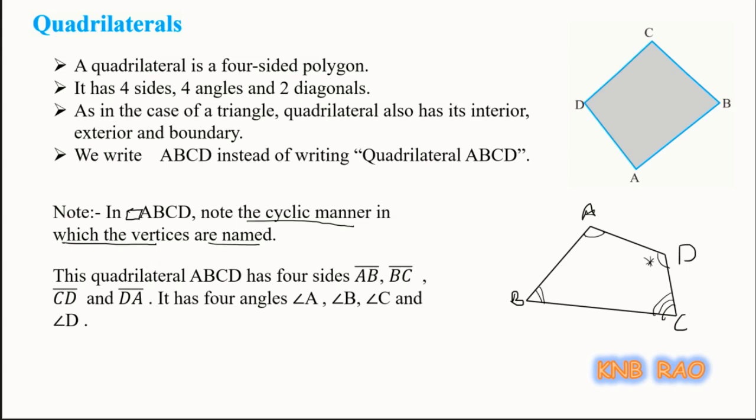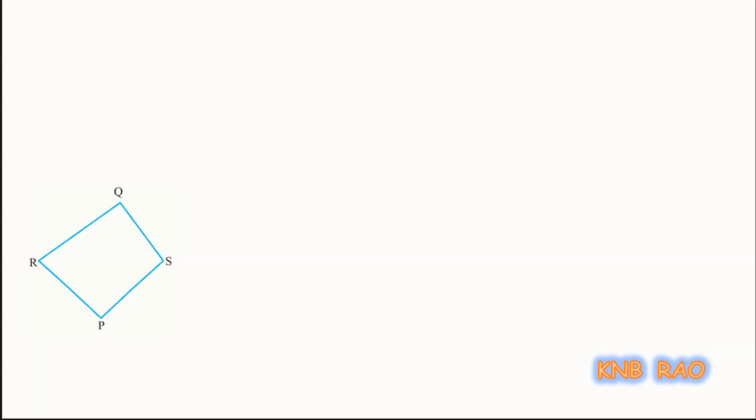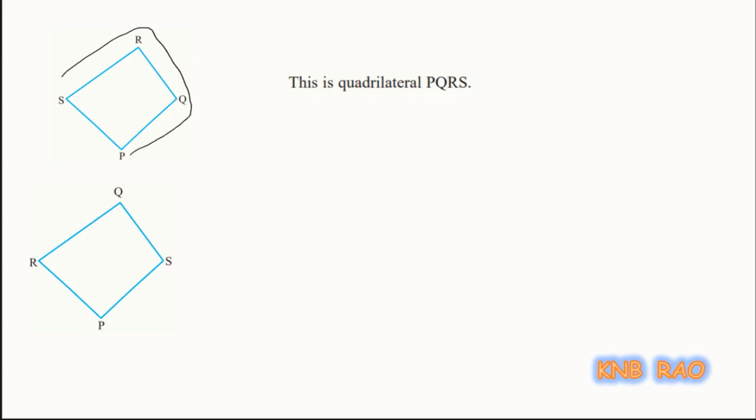Then moving further, here the first one given is quadrilateral PQRS in cyclic order. Next, is this second figure a quadrilateral PQRS?